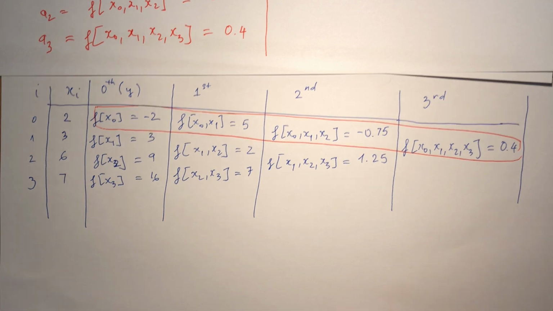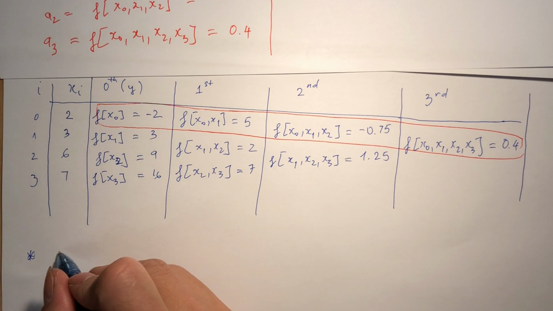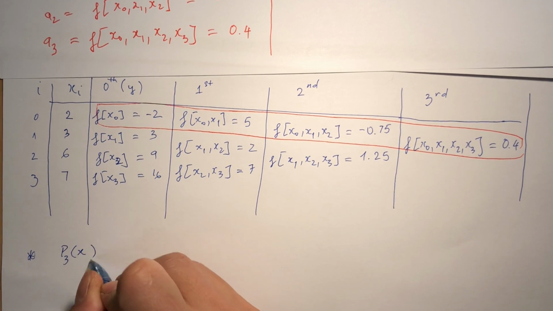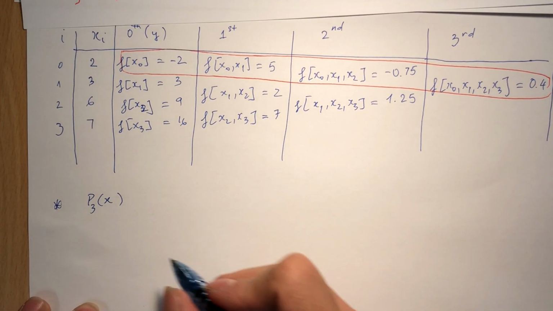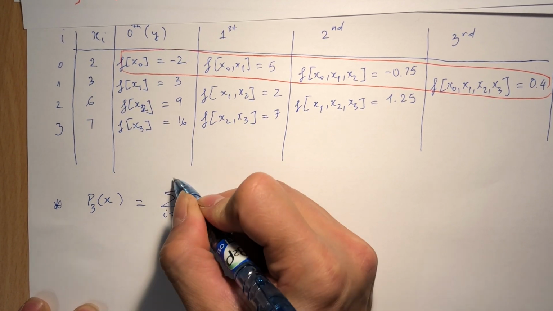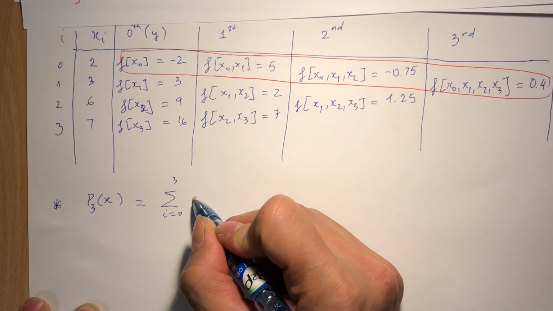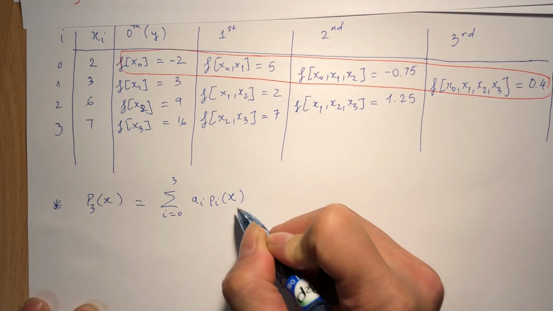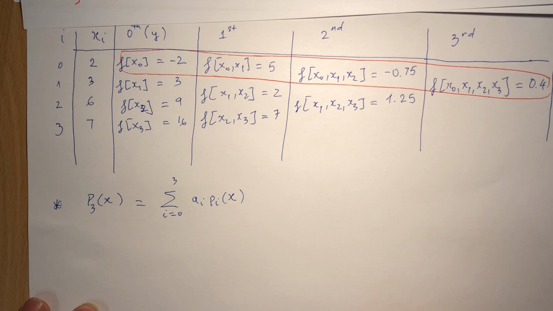So now to form the polynomial, P3(x) equals the summation of i from 0 to 3 of ai times pi(x). Right.